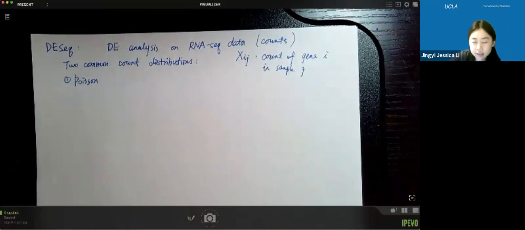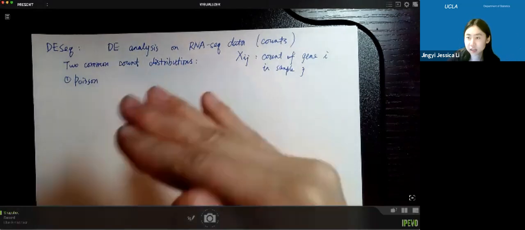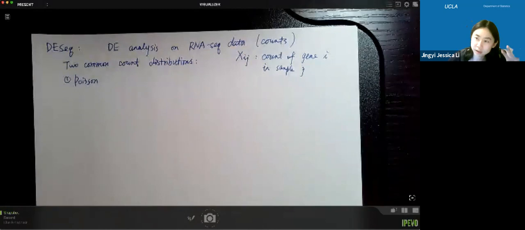And of course, this is after all the pre-processing. That is, you will align your reads to the reference genome, and after the alignment, based on the region for each gene, you will count how many reads are mapped into that gene. So for all these discussions, we are totally ignoring alternative splicing and the isoform structure. We're just looking at one gene as a unit.